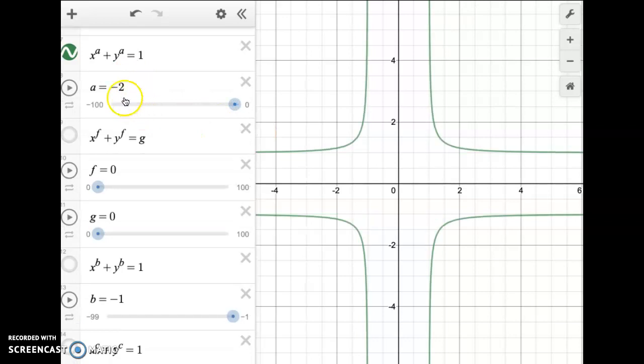So we're just going to start with a equals -2 for our exponent. And this really was just done through trial and error. So we have this equation, and we have positive exponents for this because we saw in the even and odd video that they will create those shapes that we're looking for.